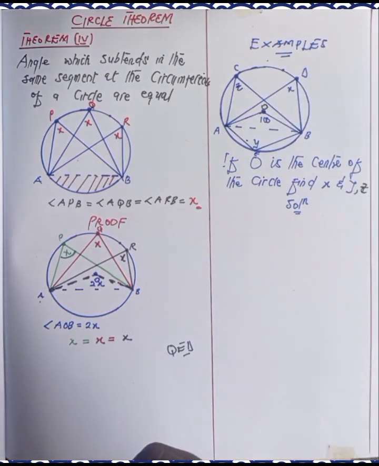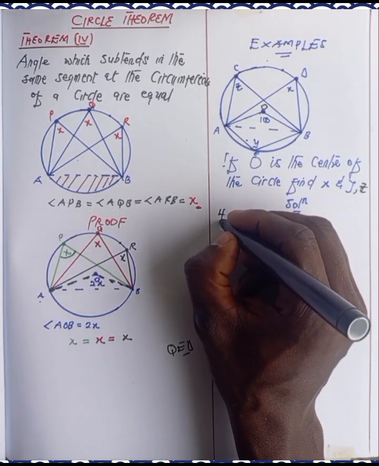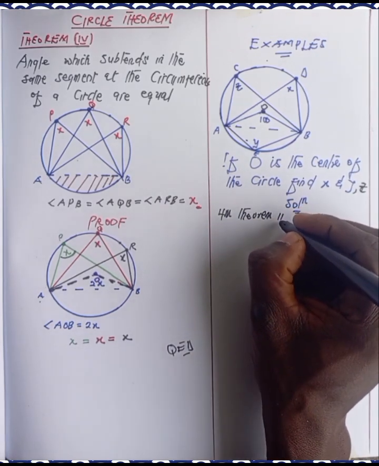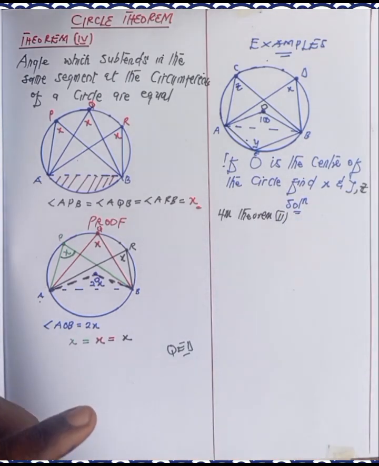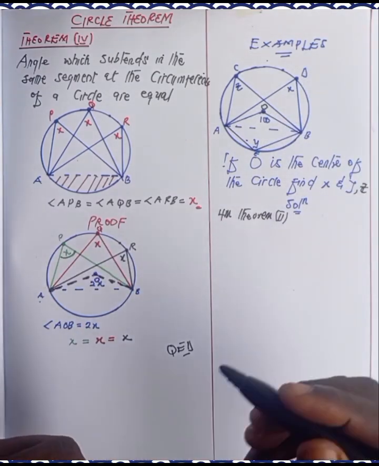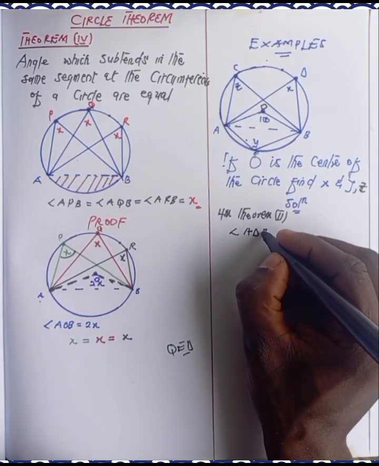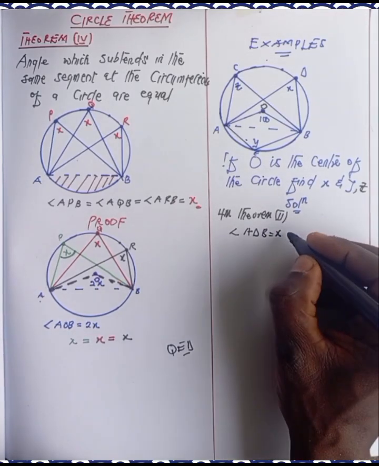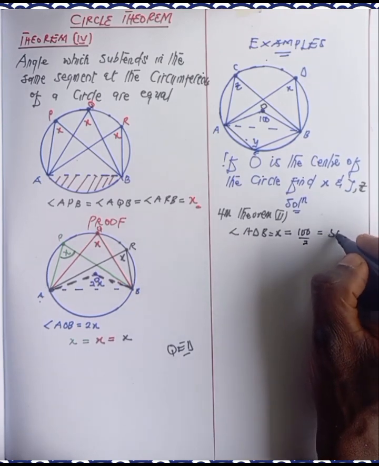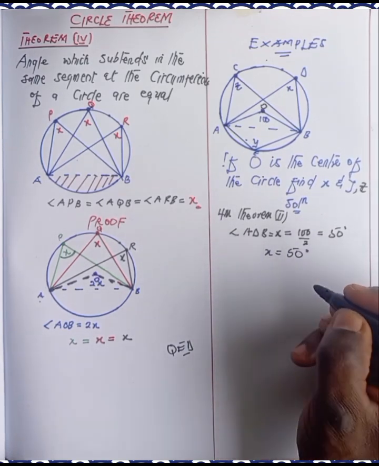So starting with angle X. Now from Theorem 2, which says that angle at the center is twice the angle at the circumference, therefore, we can say that angle ADB, which is this very angle, which is equal to x, is equal to 100 divided by 2, and that is giving us 50 degrees. So x is equal to 50 degrees.